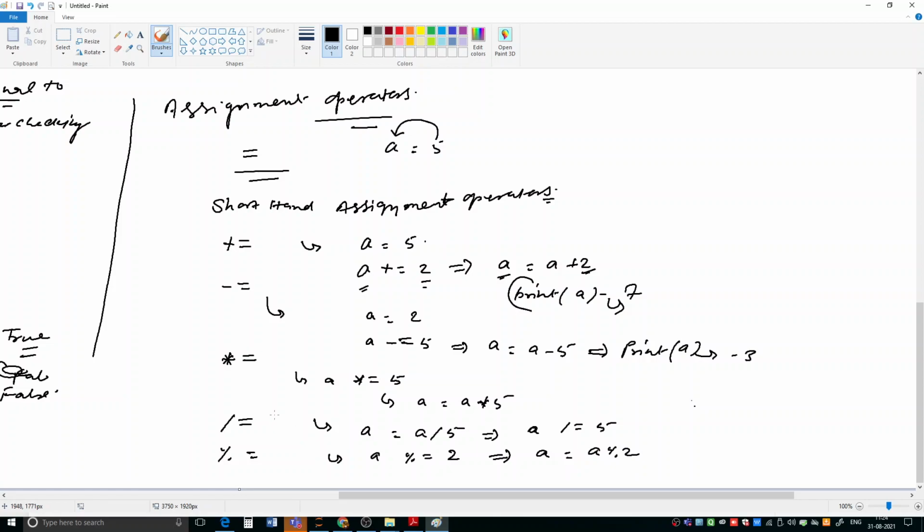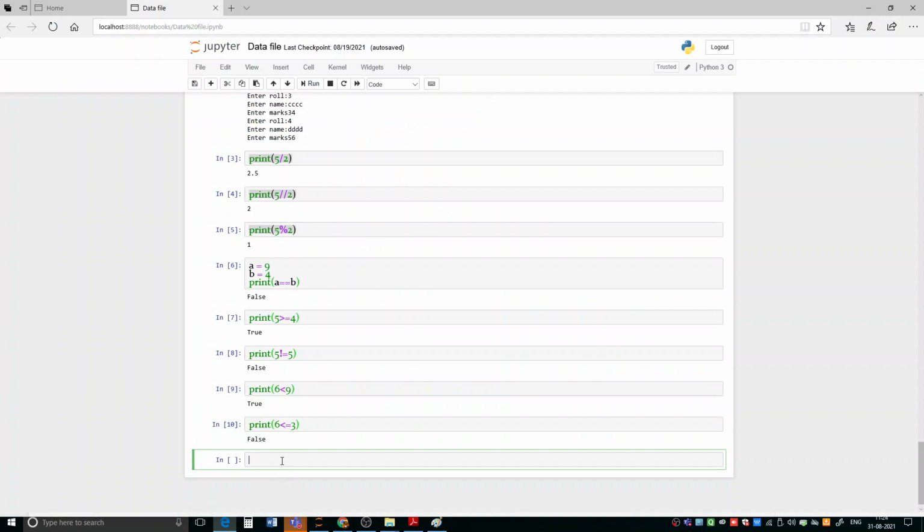Suppose we have a variable a with initial value 7, and now you are writing a percentage equal to 5, and then print a.